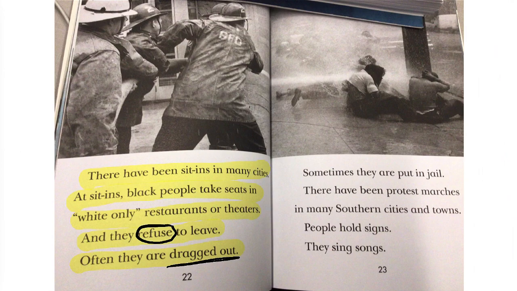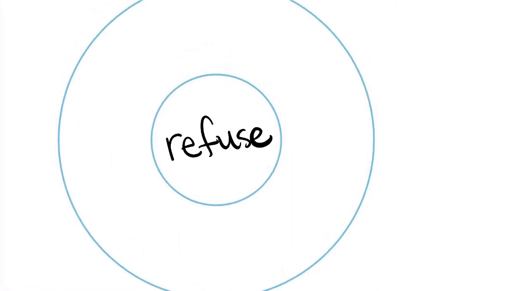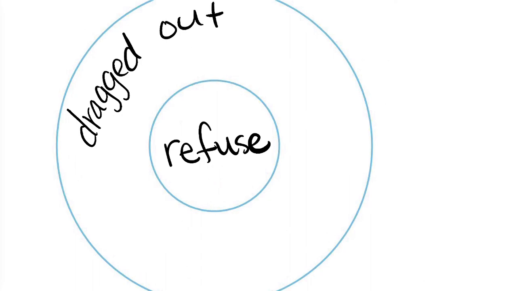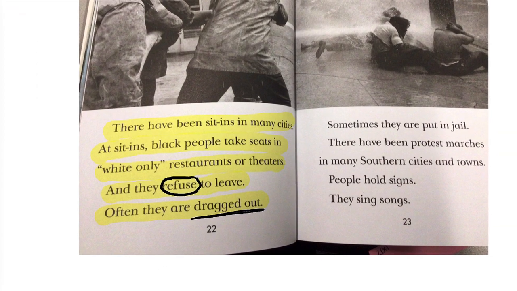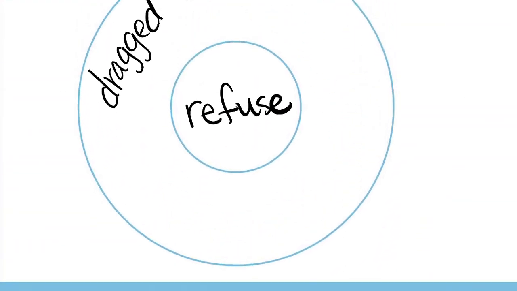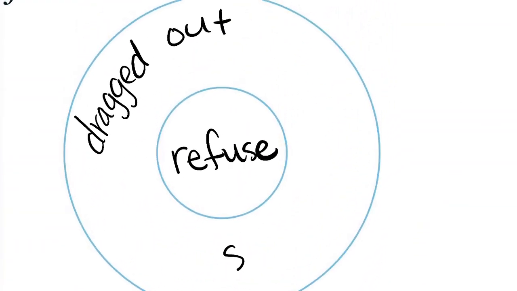They refuse to leave, and then someone really wants them to leave. They get dragged out. I'm going to add that to the outer circle. Is there anything else? Maybe the word sit-ins, where they sit there and refuse to leave. So we'll add sit-ins to our circle.